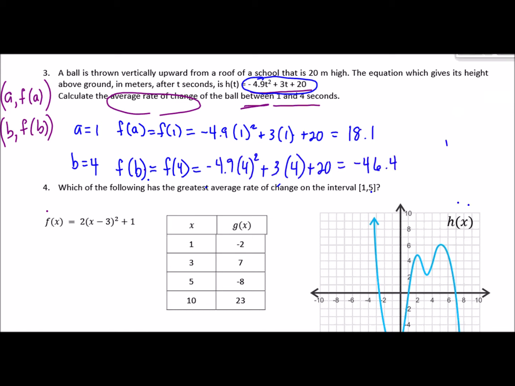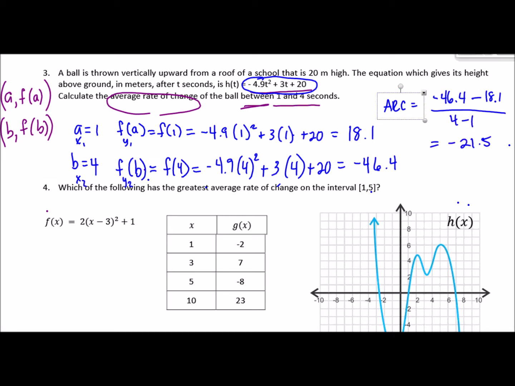Okay, there's my values. So in order to find my average rate of change, I've got an x1, y1, x2, y2, and I need to find the slope. So average rate of change is going to be f of b, negative 46.4, minus f of a, 18.1, over 4 minus 1.